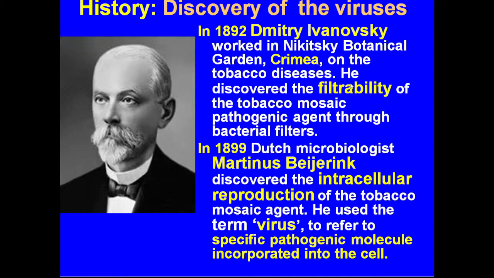So he finally understood that the new pathogen, or new infectious agent, that he discovered is very small and can pass through antibacterial filters. He called it a filterable agent due to the filterability of the tobacco mosaic pathogen against bacterial filters.